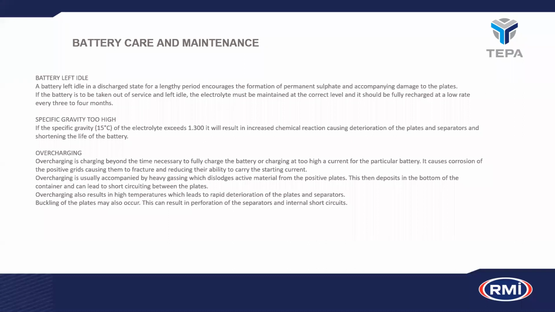It's a combination of hydrogen and oxygen, and that gassing can also be extremely volatile, or flammable rather, which can cause an explosion and fire in a battery if it's overcharging. And the overcharging also leads to higher temperatures.